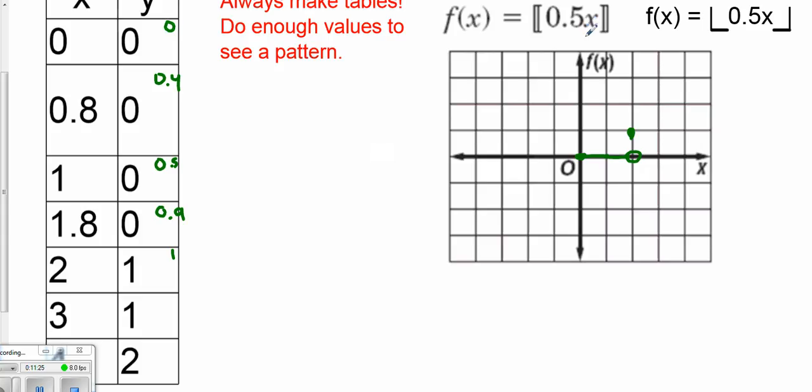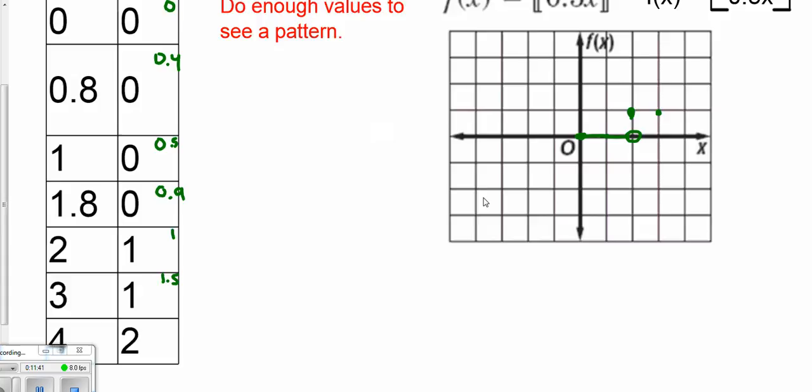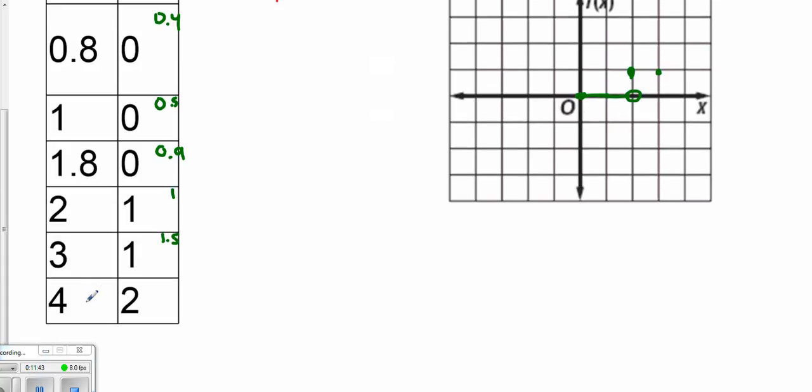Rounded down, it's 1. Let's try 3. 3 times 0.5 would be 1.5. Rounded down, you'd still get 1. So at x is 1, 2, 3, our y value is still 1.